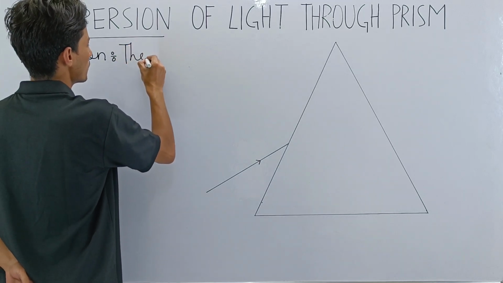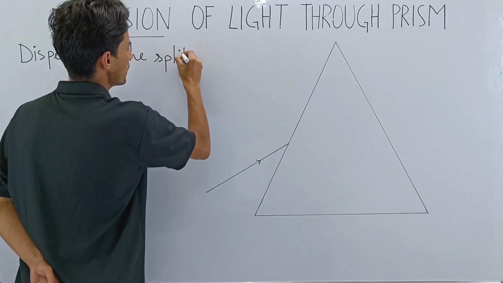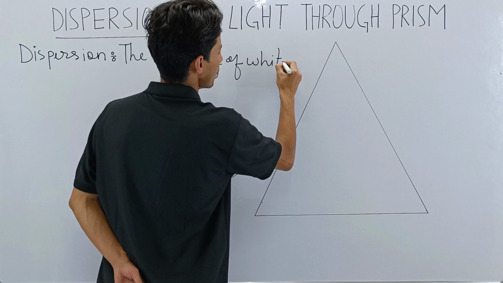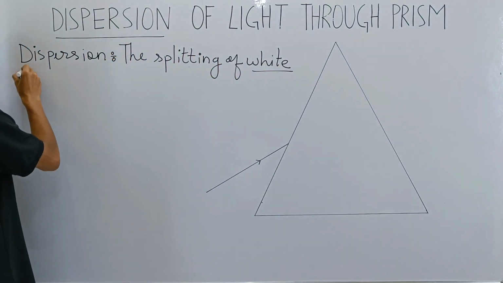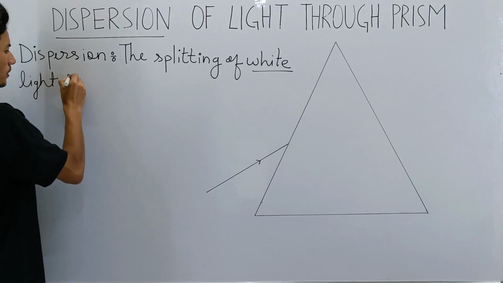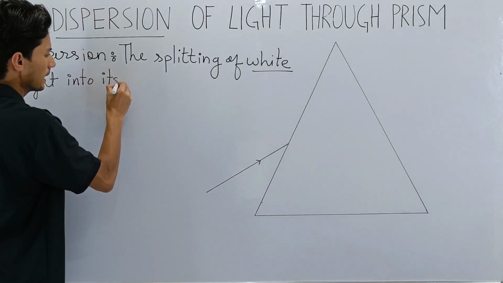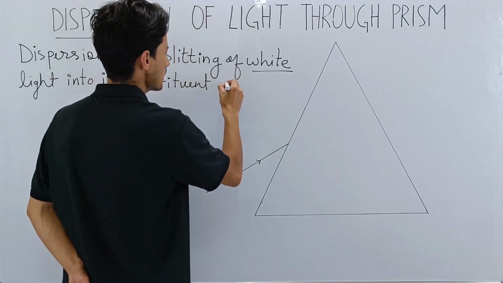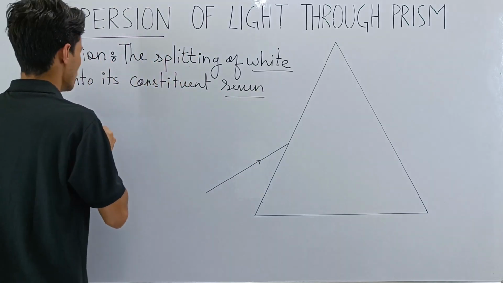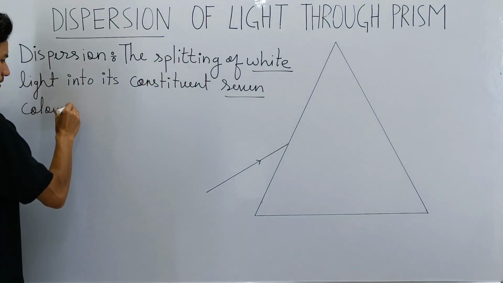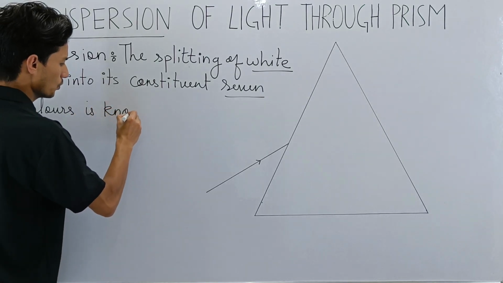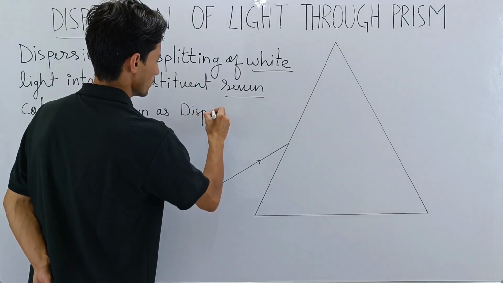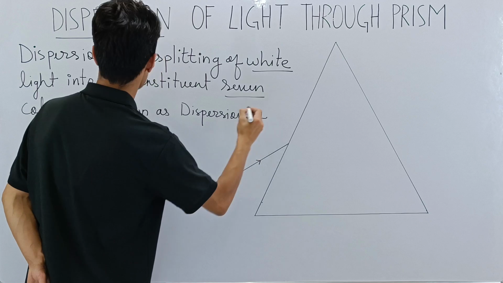So the splitting of white light into its constituent 7 colors is known as dispersion of light.